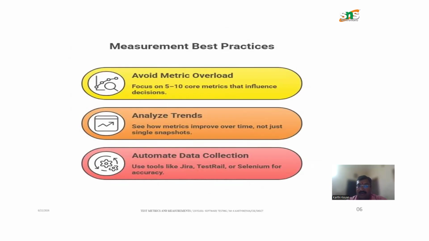Measurement best practices: avoid metrics overload, analyze trends, and automate data collection. Focus on 5 to 10 core metrics that influence decisions, and see how metrics improve over time, not just a single snapshot. Use tools like Jira, TestRail, and Selenium. For example, using WinRunner software, I give a file name into the particular link, so it automatically converts and gives a solution.